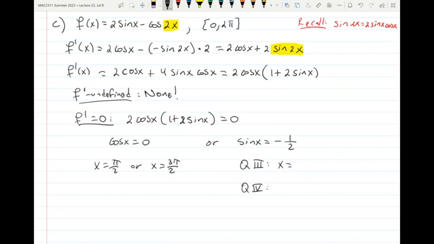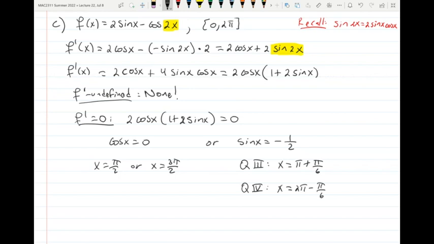So what will be the x's here? The reference angle is what angle gives you 1/2. So the sine of what gives you 1/2? That's 30 degrees or pi over 6. In quadrant 3 it's going to be pi plus pi over 6 using the reduction formulas. In quadrant 4 it's 2 pi minus pi over 6.